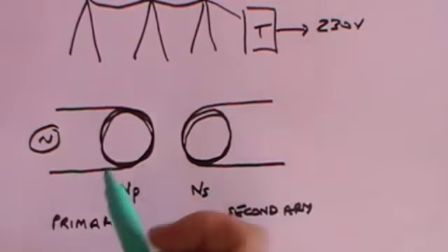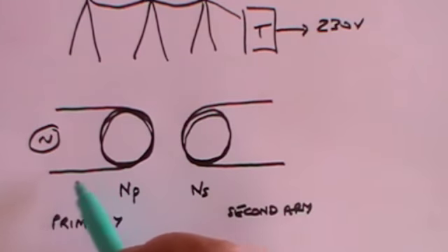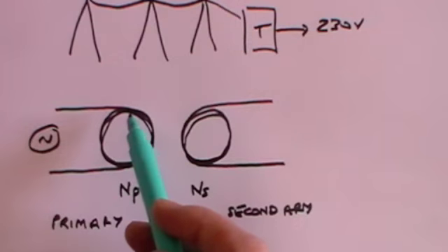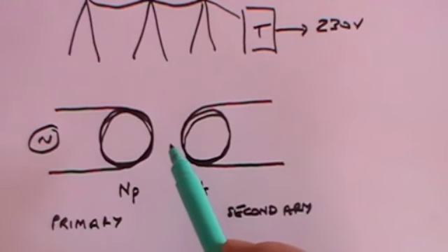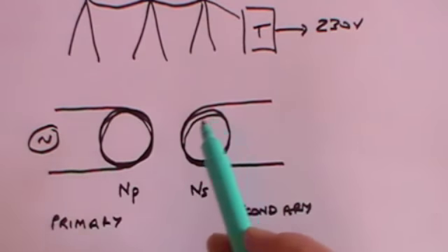Then what we know is that if we've got an alternating current going through this primary, the changing current will produce a changing magnetic field. And this wire, or this coil, is in the presence of a changing magnetic field. So in other words, there will be a change of flux in the coil in this secondary.